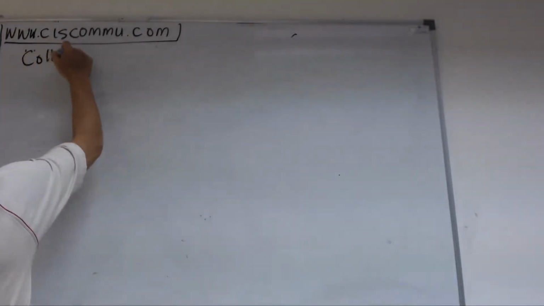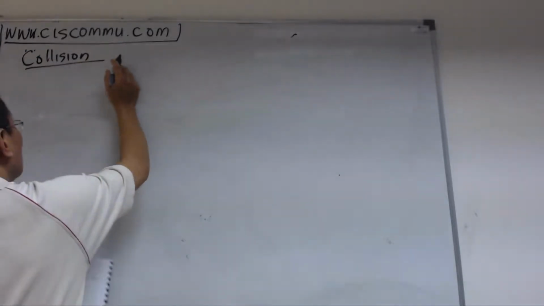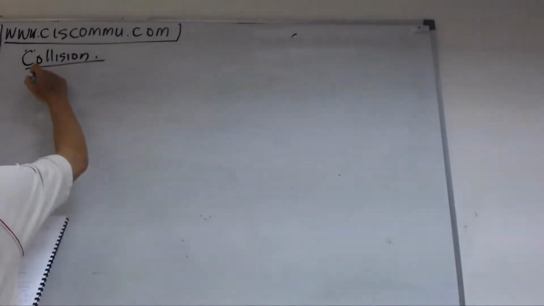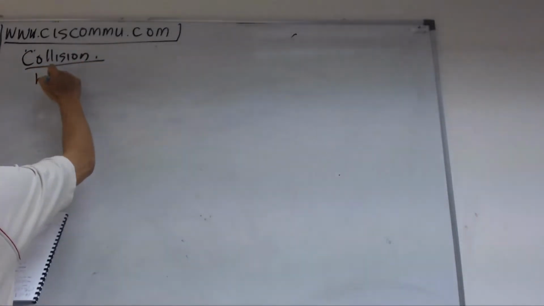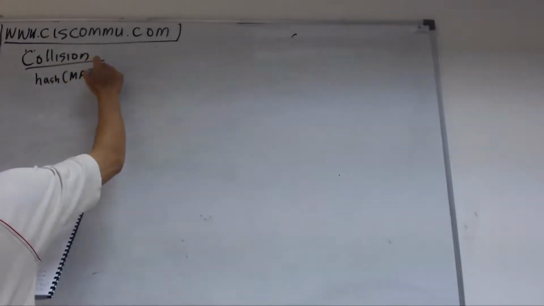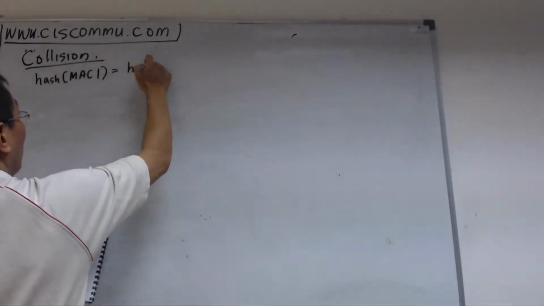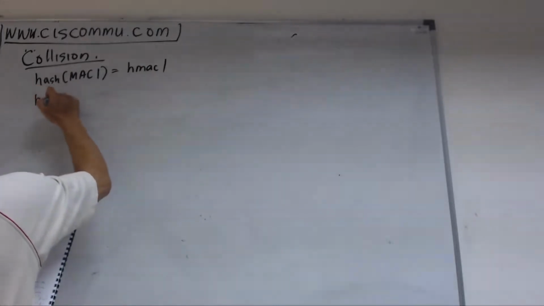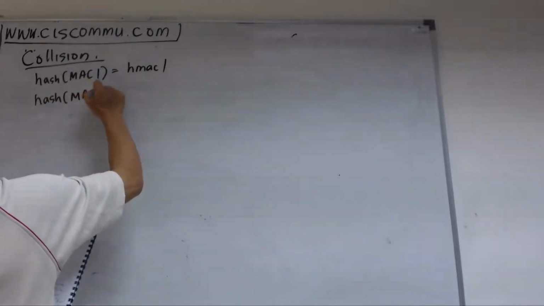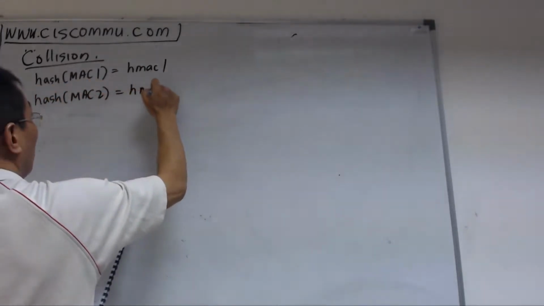Let's say you have two MAC addresses, where hashing MAC address 1 gives HMAC1 and hashing MAC address 2 gives HMAC2.